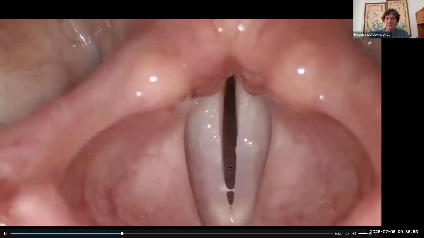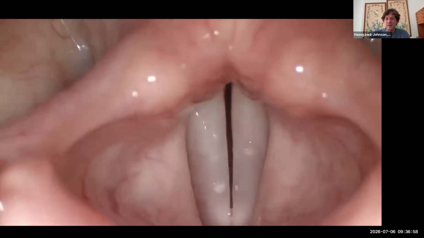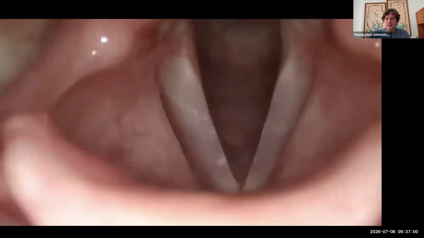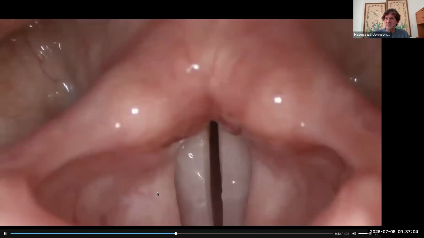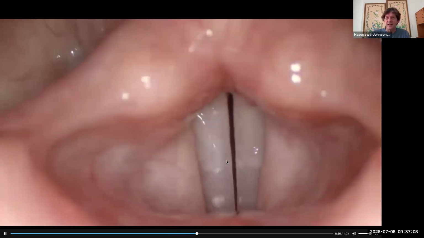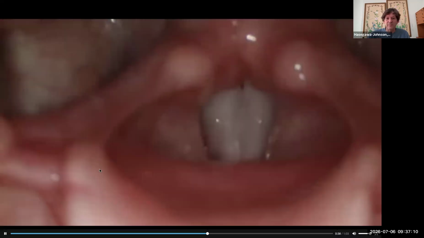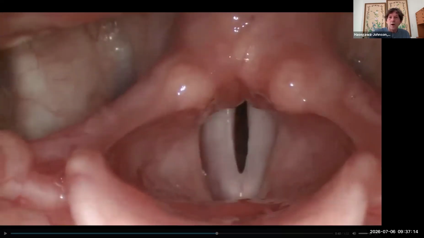Now it's in slow motion. And so you saw it started out fast and then it locked in, and now it's showing it in slow motion.